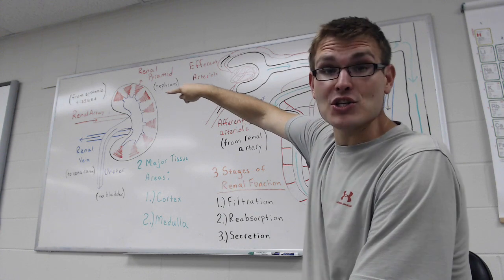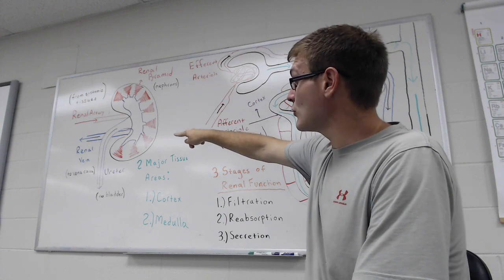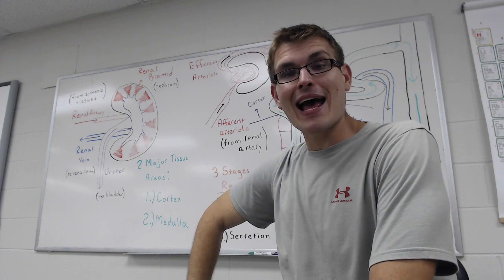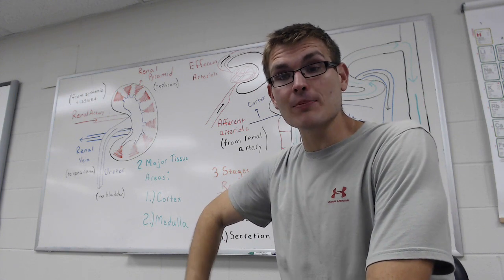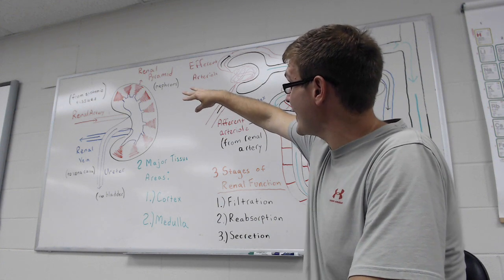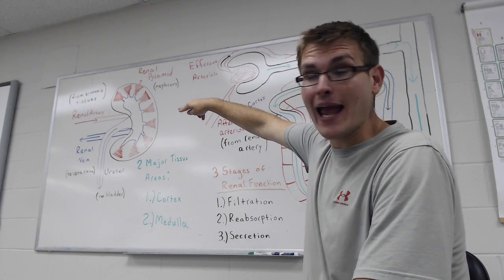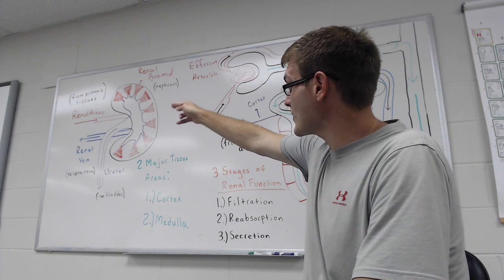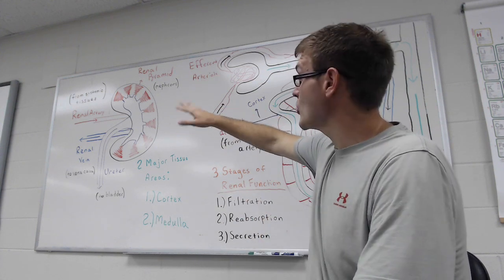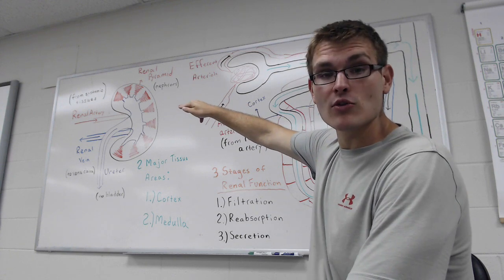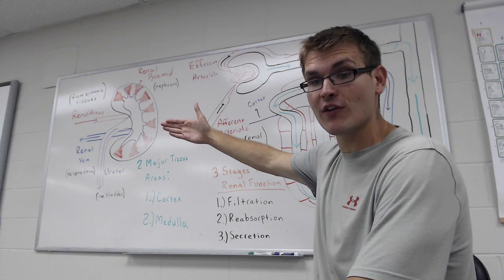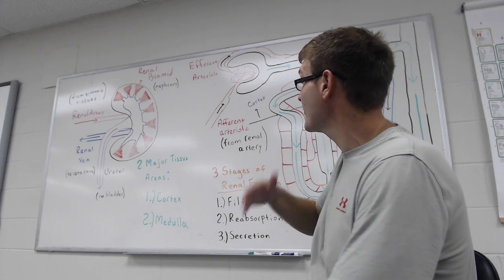So if you can imagine again that you have all this unfiltered blood that is circulating throughout the kidney tissue, as that blood is filtered by each individual nephron, we produce that urine filtrate that goes through the renal calyces into the renal pelvis and then eventually down to the bladder. So on top of what's shown here, you can imagine that each one of those renal pyramids has thousands of nephrons that continue to filter the blood coming in.